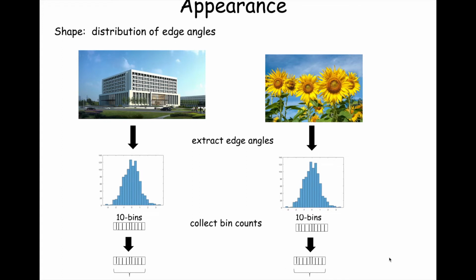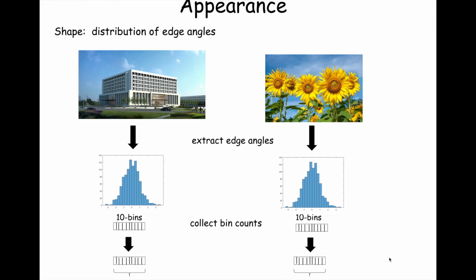That's the color part, and then we can look at the shape. The shape looks at the distribution of edge orientations that you would extract using a convolution mask. In this example, we have a 10 vector because we have 10 bins for the histogram of edge orientations in the image. You don't have to have 10. If you have 20, you're going to be more specific, distinguishing between minor variations of the sunflower. If you have fewer bins, you won't distinguish between minor variations of the sunflower.